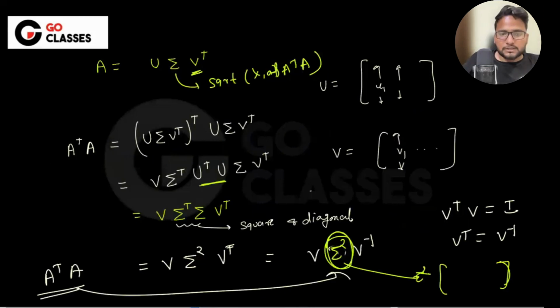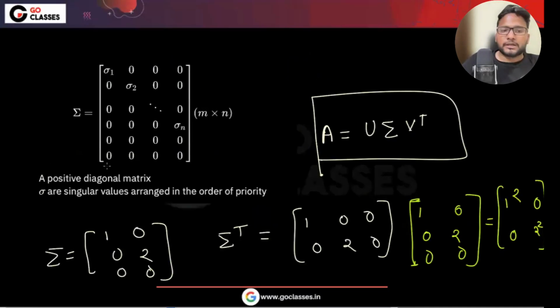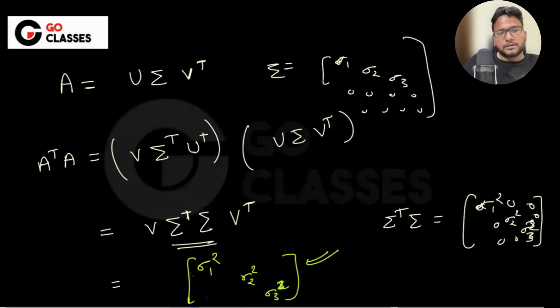See, if sigma is this, then can you not find out sigma transpose into sigma? It will be sigma 1 square, sigma 2 square, till sigma n square, right? So basically, finally you have got A transpose A, something like this, which means this V is nothing but eigenvectors, because it is eigenvalue decomposition, eigenvectors of A transpose A. These are the eigenvalues of A transpose A. So once you have the eigenvalues of A transpose A, how to find out this sigma?